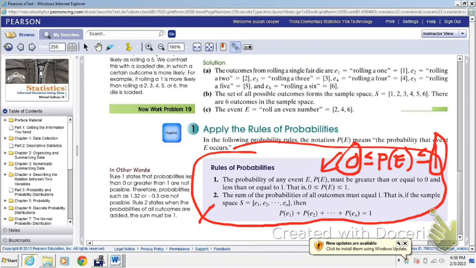Okay, and then in number 2 here, the sum of the probabilities of all outcomes must equal 1. That is, if the sample space is these various events, then the probability of all these various events added together, the total probability, must equal 1. For example, and I'm sticking simple so you can wrap your head around it, think of a fair die. How many faces? 6 faces. What's the probability of getting an even number? 3 out of 6.